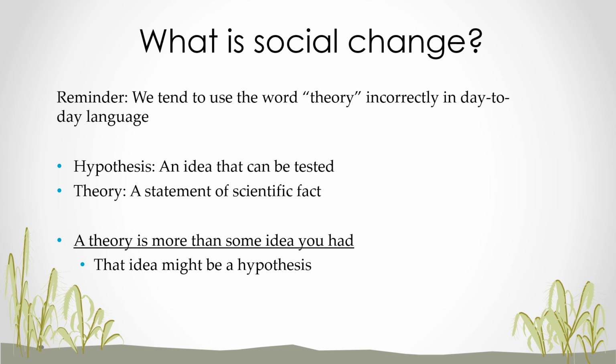When there is a theory, there is an abundance of knowledge associated with it. Thus, a theory is more than just some dumb idea you have. When you say, well, I have a theory about that, you might have a hypothesis about it, but you almost definitely don't have a theory.